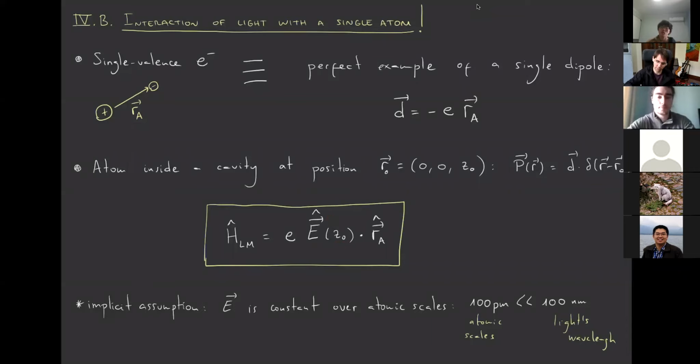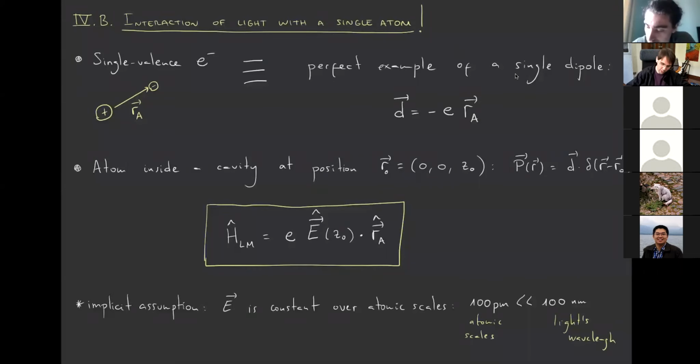This is why we can write such a simple expression, just the electric field at the position of the atom. So essentially we now have a model that describes the interaction between light and a single atom located inside an optical cavity. This model is just the product between the electric field inside the cavity and the relative coordinate of the atom, which comes from the fact that the atom can be seen as a dipole proportional to the distance between the positive and negative parts.